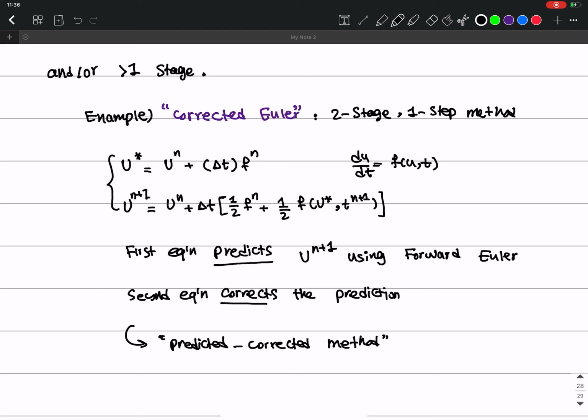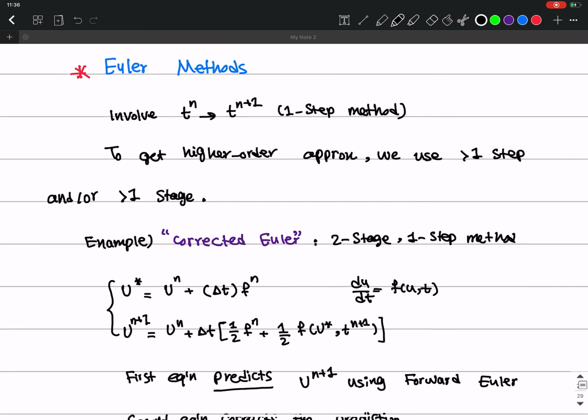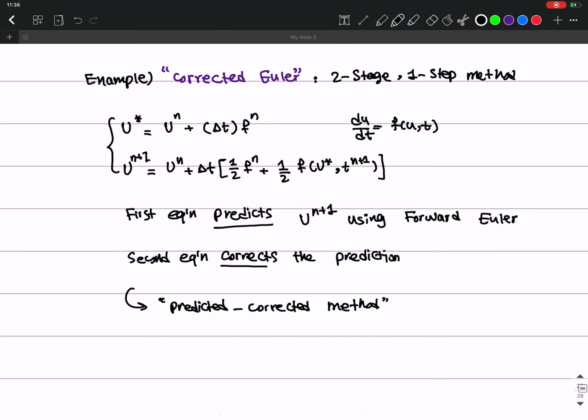So this is the first method, and the next method that we are going to talk about is the multi-stage one-step method, which is a more general form of that. This corrected Euler is also going to be a subset of that, which is called Runge-Kutta.